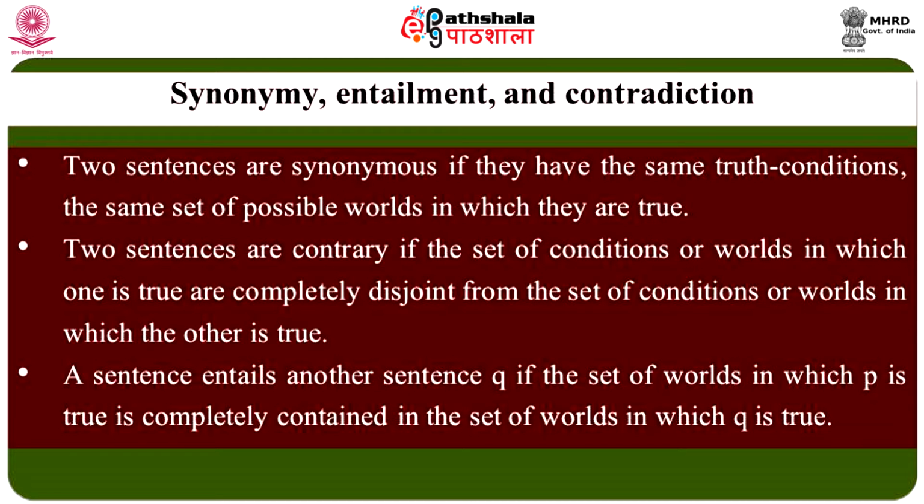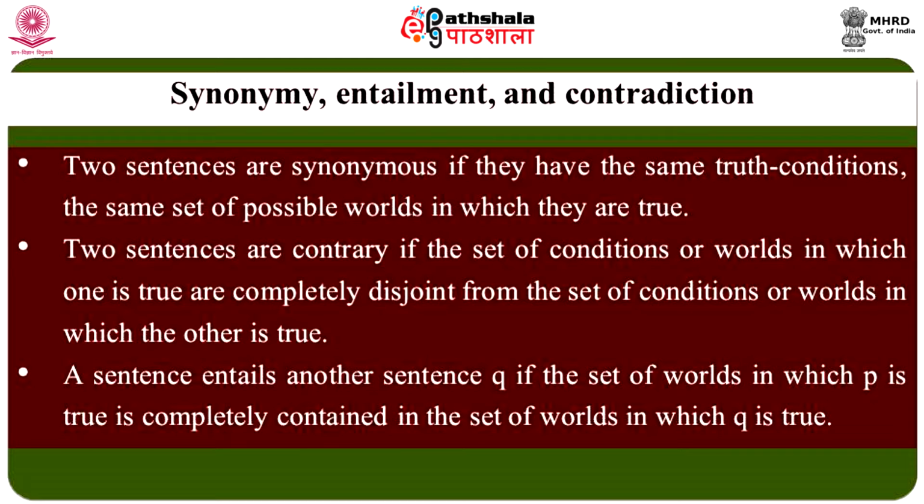Synonymy, entailment, and contradiction. Meaning as truth conditions also gives us a handle on some intuitive semantic concepts like synonymy, entailment, and contradiction. Two sentences are synonymous if they have the same truth conditions, the same set of possible worlds in which they are true.